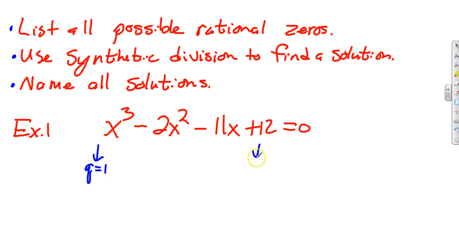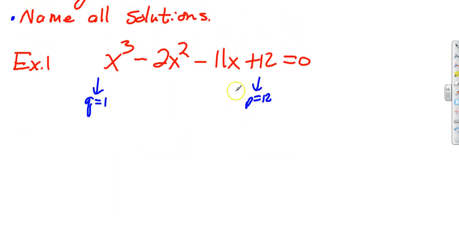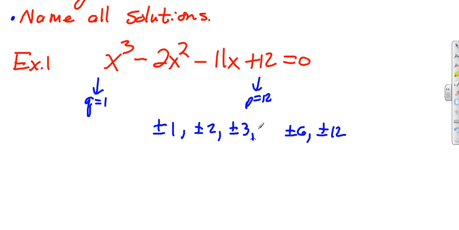Okay, so your P is 12 and your Q is 1. And again, if the Q is 1, we got a bit of a shortcut that all we have to worry about is just the factors of 12. So it's plus or minus 1 times 12, 2 times 6, and then 3 times 4.